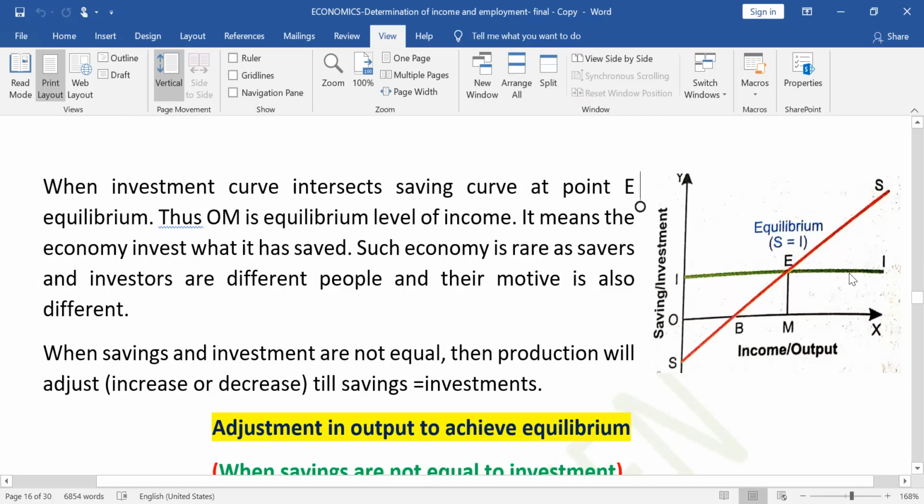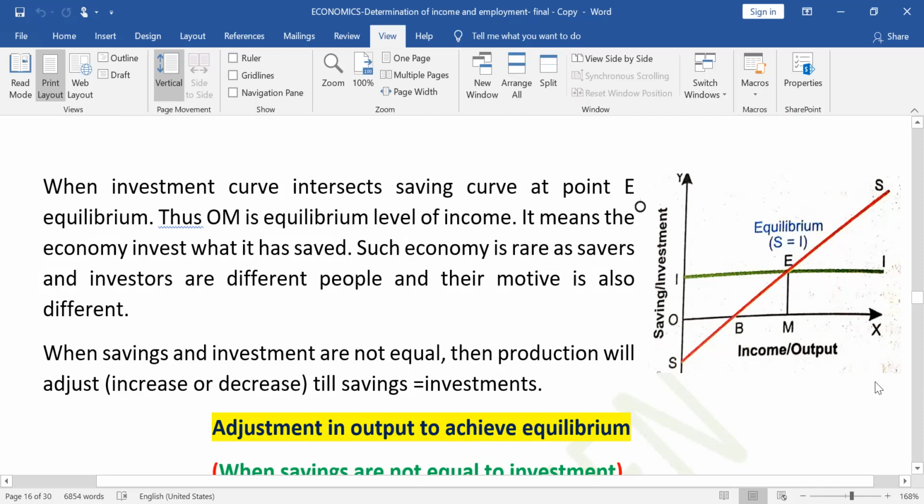In this condition, some goods will remain unsold and producers will incur loss. So they will cut down production. When they cut down production, they will remove people from jobs. So income, employment, and output will start decreasing till it reaches a point where planned saving is equal to planned investment.